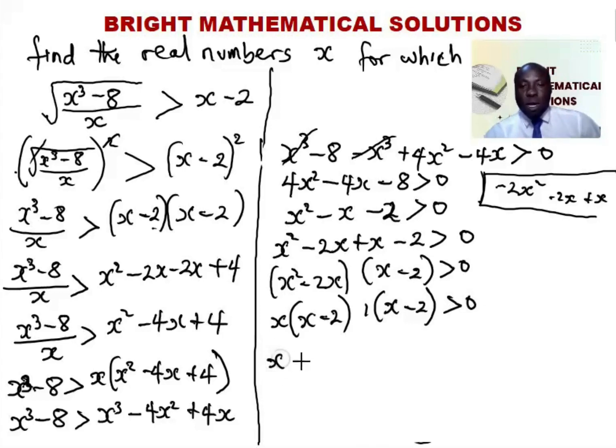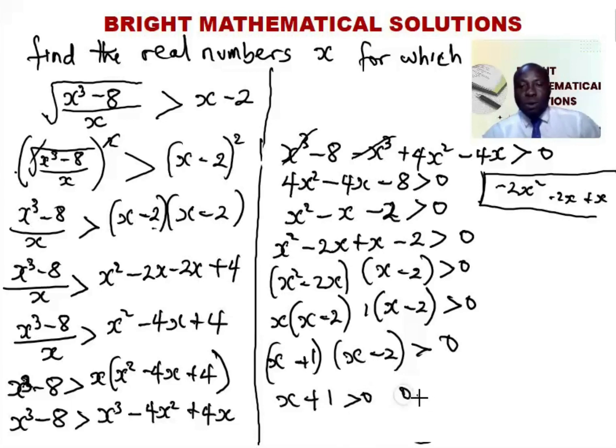Therefore, (x plus 1)(x minus 2) is greater than 0. So we can write this as x plus 1 is greater than 0, or x minus 2 is greater than 0.